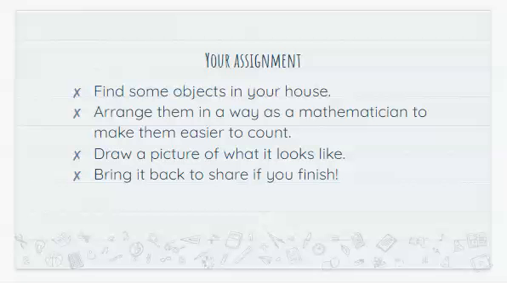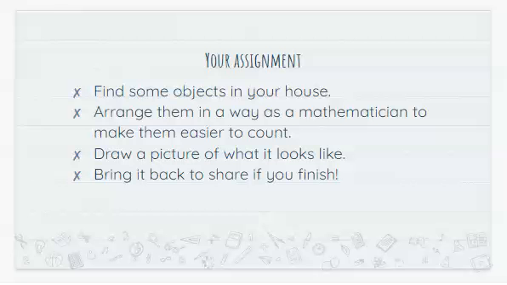We were going to bring them back to share, but if you finish, you could bring them to our morning meeting tomorrow and we could try to share then. So you're going to find some objects, arrange them in a way that a mathematician might arrange them to make them easier and more efficient to count, and draw a picture of what that looks like.